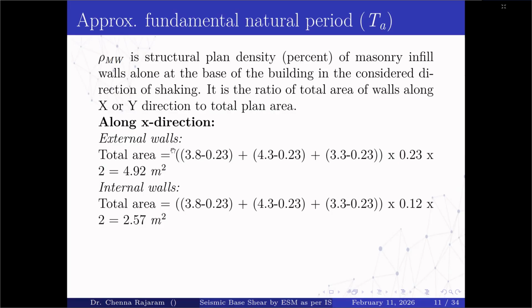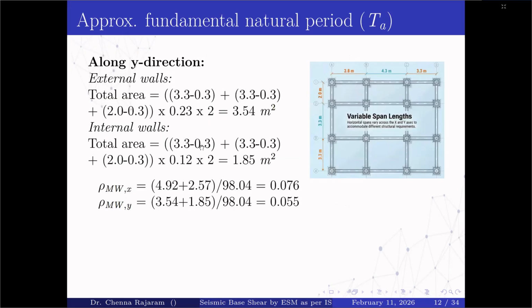Along x direction, the total area of the external wall is equal to 3.8 minus 0.23. So here in this case, we consider only the wall area. You see, this is a 3.8 meter bay. So in this 3.8 meter, we consider the wall area.